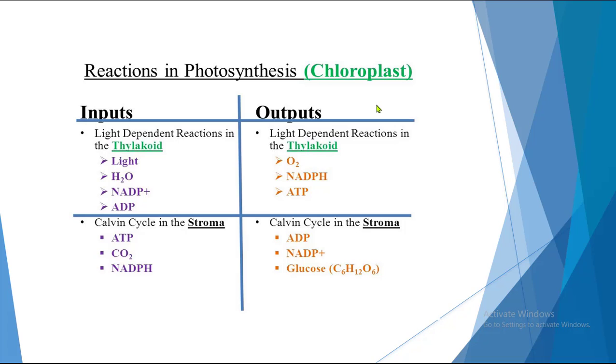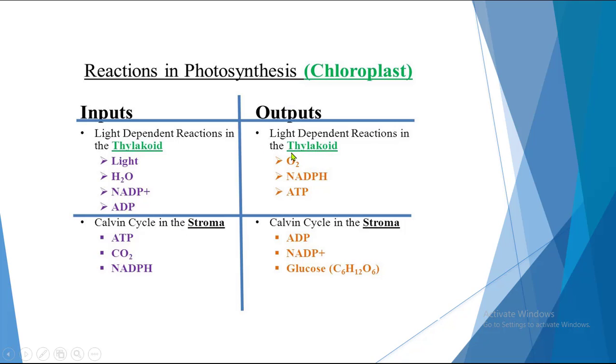So here is the summary of light reactions about the input and output. This is about the dark reaction as well, but we will only be discussing light reactions. So what were the inputs of light reactions? As the light reactions take place in the thylakoid, light energy is needed, water is needed, which is separated in the process of photolysis, and then NADP plus and ADP, adenosine diphosphate.